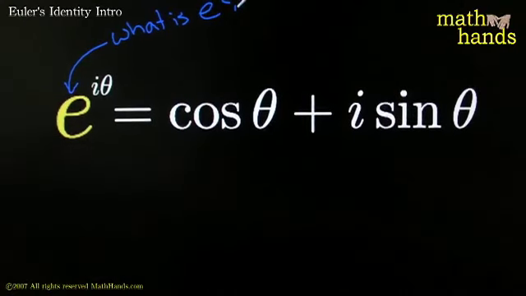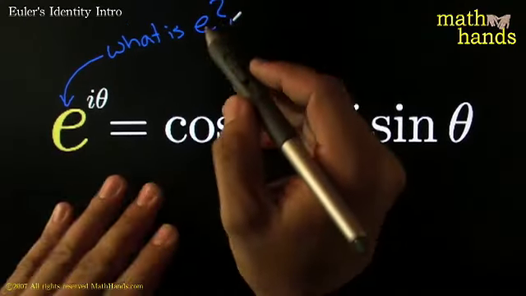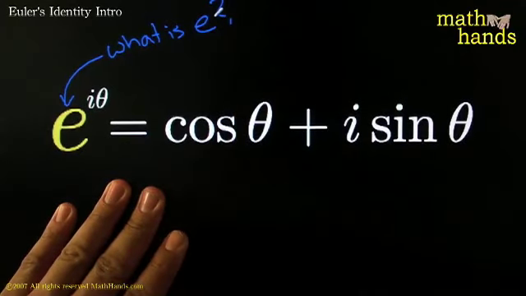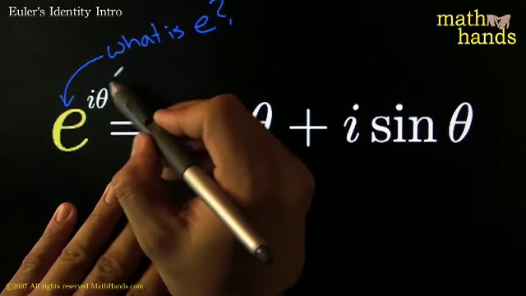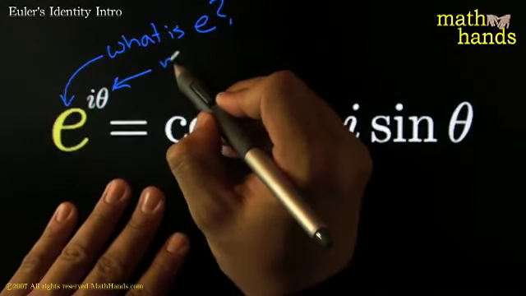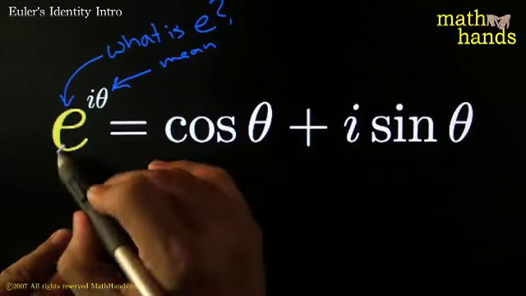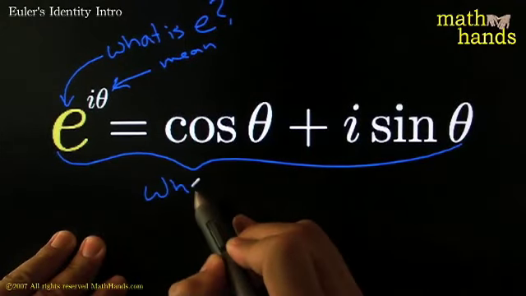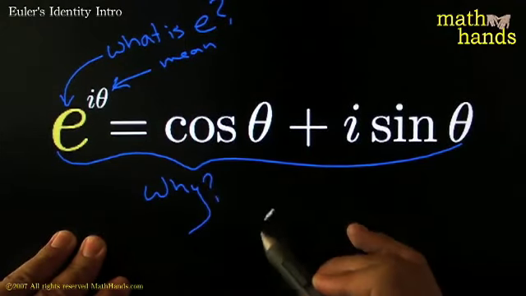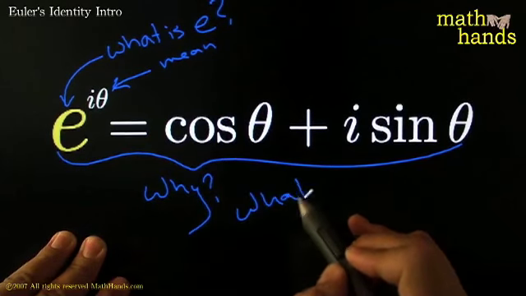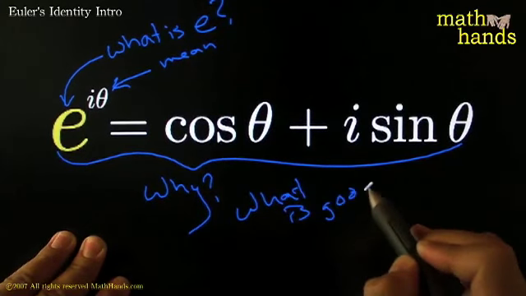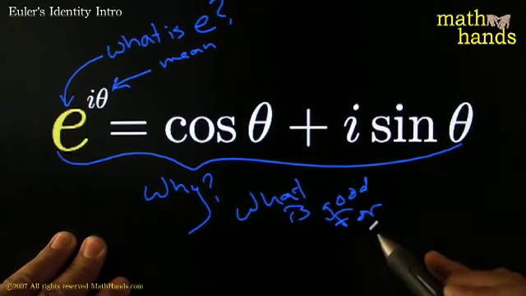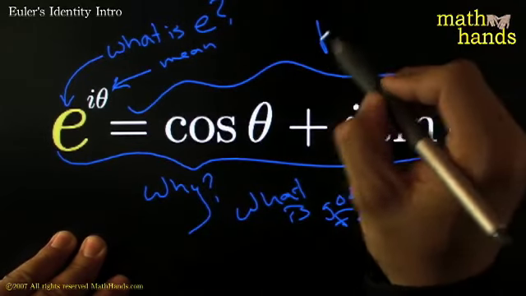Of course, E was made famous by Euler, the constant E, and of course I and theta. And what does that mean? And why is this true? And what is it good for? And how do you actually use it?